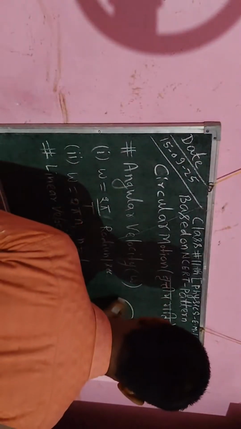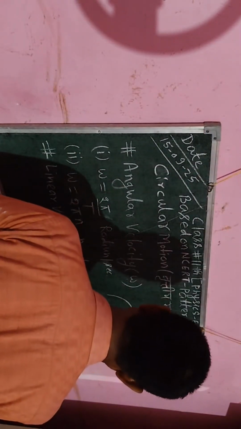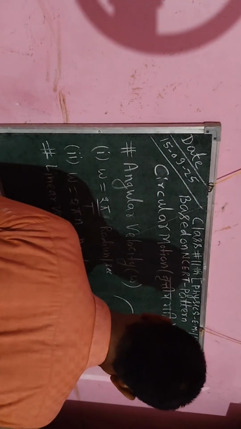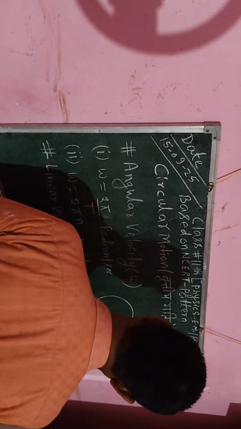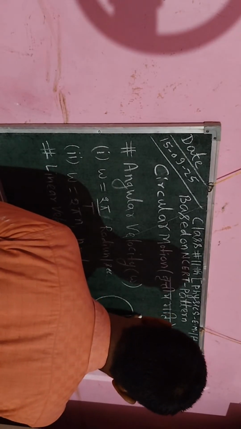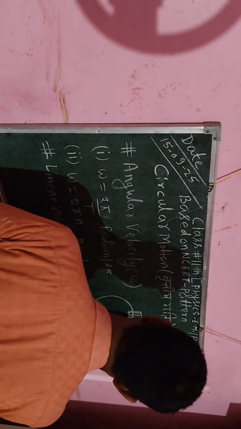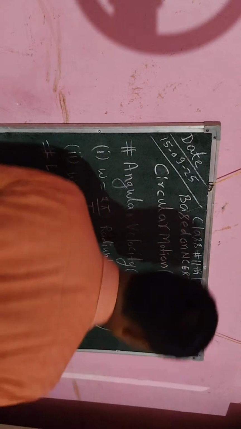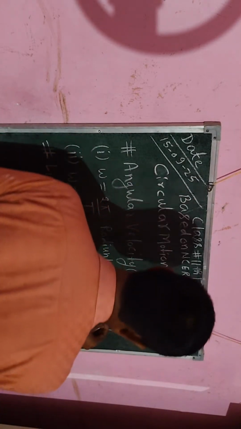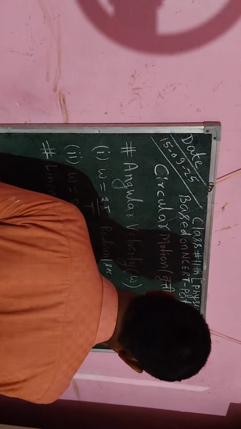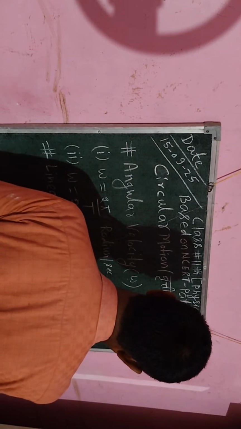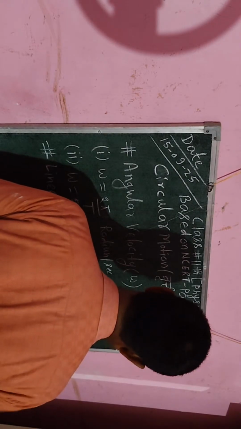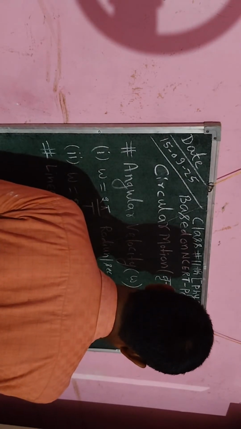Now here I am saying this is a circle and one particle is available on the circumference of the circle, like that. So this is the center of the circle, I say its center will be O. From this point to the periphery of the circle, I will say this is the distance r.